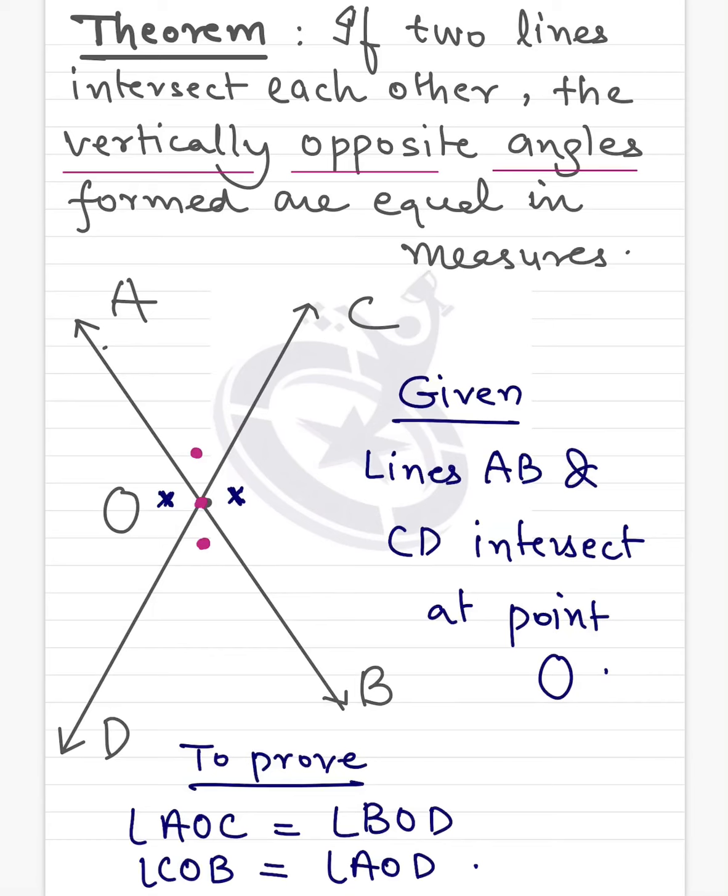First, we took the pink angles, angle AOC and angle COB. Now I'll take the green colored angles, angle COB and angle BOD. They are also in the same line, right?